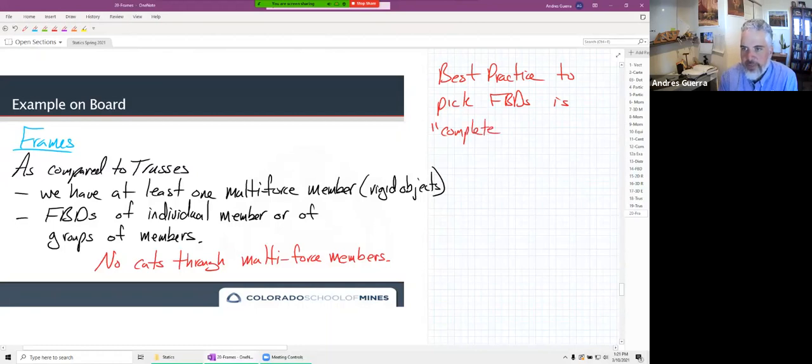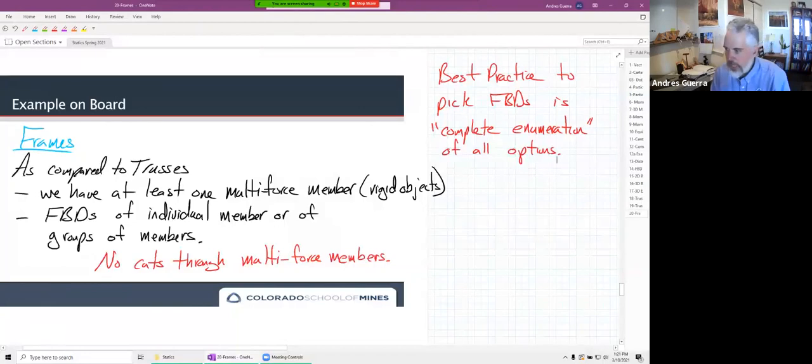Let me spell complete first. So what that means is we need to identify all of our free body diagram options, and then we can go through them and just look at them individually and say, what about this one? What about this one? What about this one?